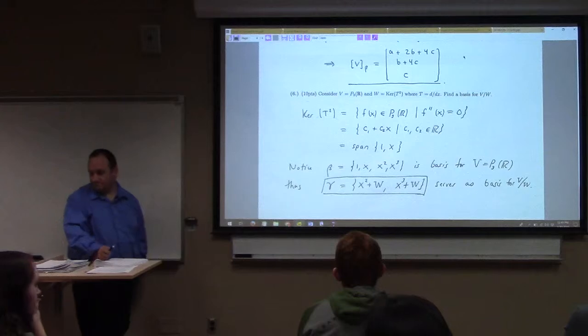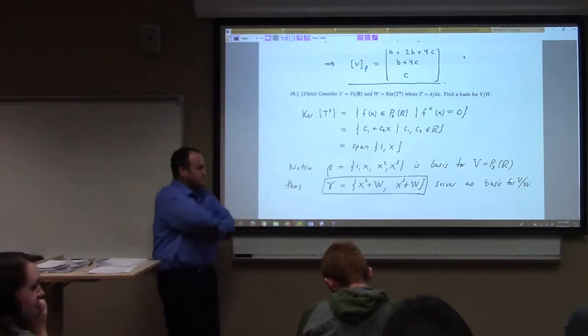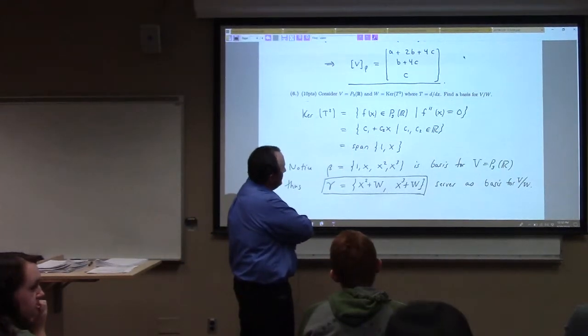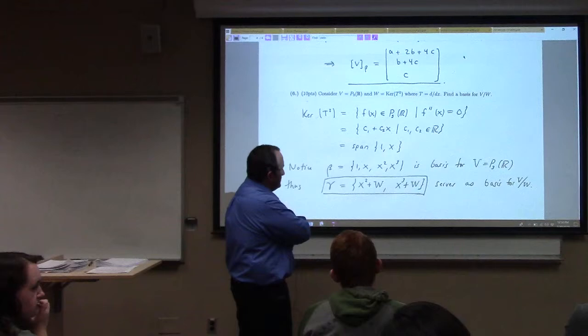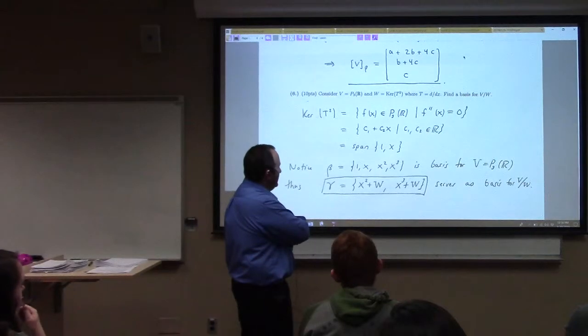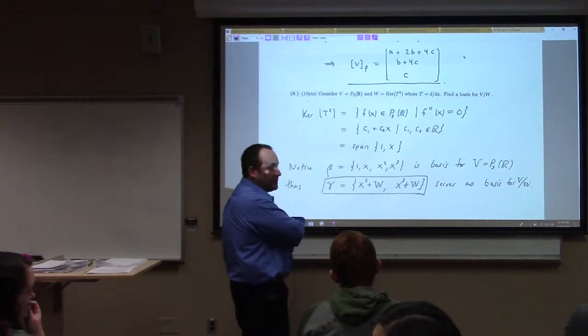Yep. Is it also correct to think of it as the elements that are in the span of the kernel, the 1 and the x, are the ones that are going to be left out? Right. Okay. So whatever's in the kernel behaves like 0 in the quotient space.